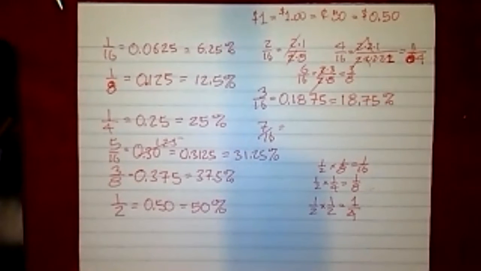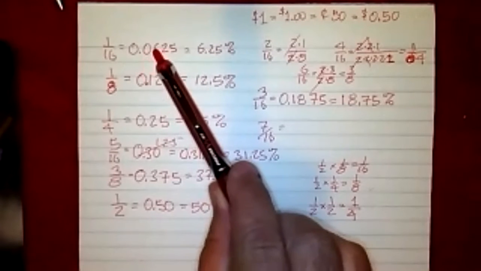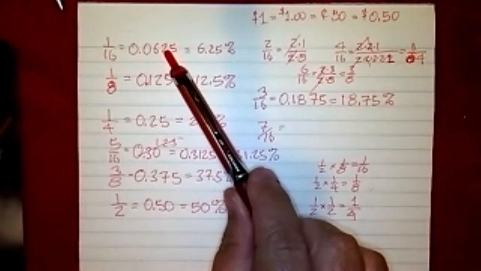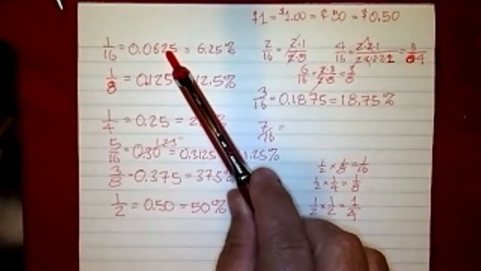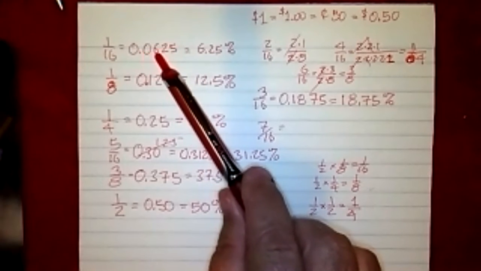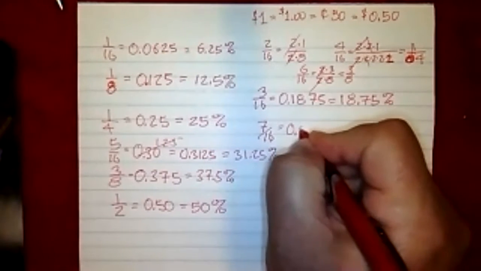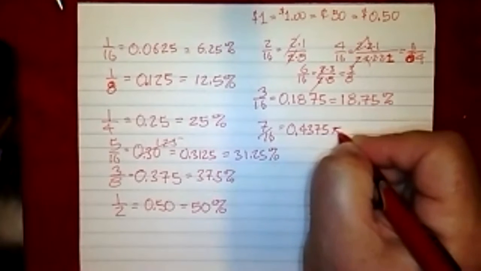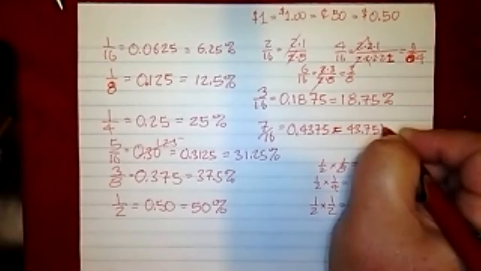Okay. Now, if I went up to say 7/16, now 7/16 is just 7 times 1/16. 7 times 6, of course, is 42. And then 7 times 25 would be 7/4. So 4 of those make $1. The other 3 make 75 cents. So I'm going to do 7 times 6, which is 42, and then add $1, it'd be 43.75, which equals 43.75%.